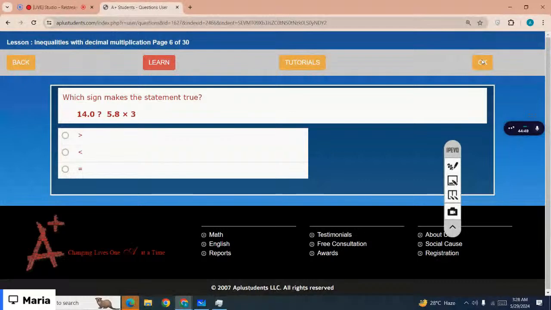The next one is 9.0 and you have to compare it to 3 times 5.8. So which is the correct option?